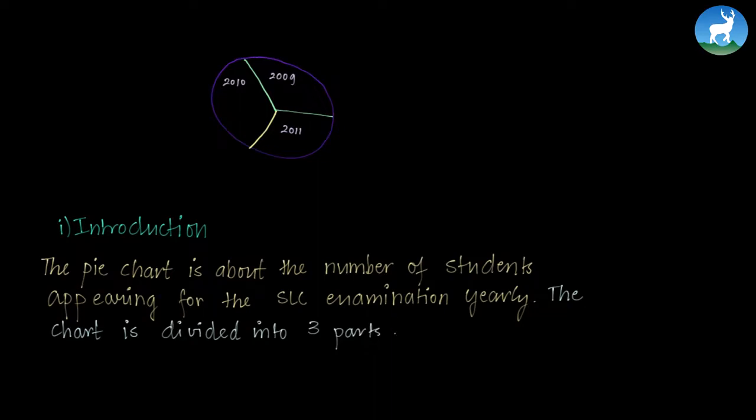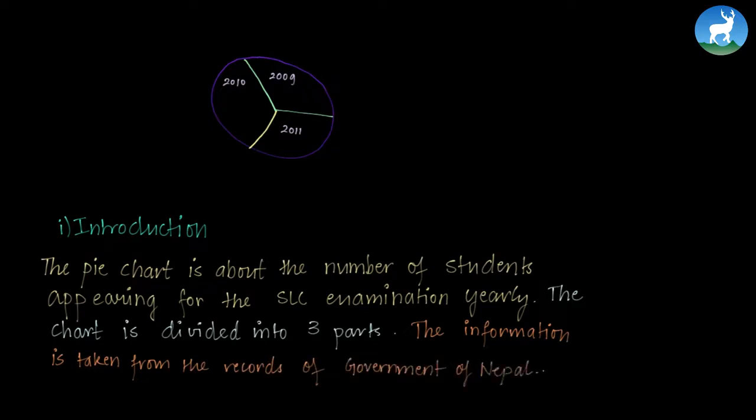The chart is divided into 3 parts. The information, so here the information is taken from the records of Government of Nepal.